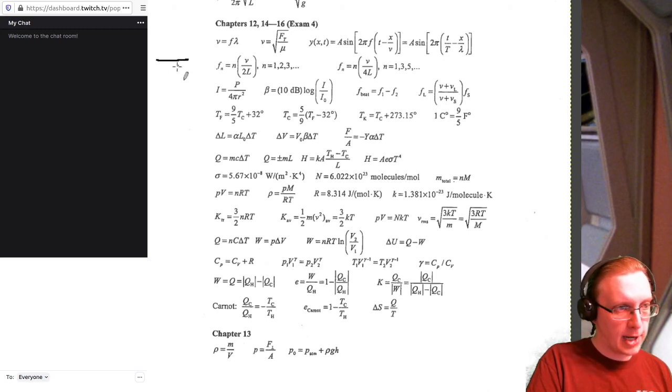This one's for, say, a pipe that is open on both ends, or a pipe that's closed on both ends, or a string where both ends are pinned down, and so you end up with a string that looks like that. Or which I would draw the sound wave in here, would look like that, or the sound wave in this one would have to be antinodes on both ends.